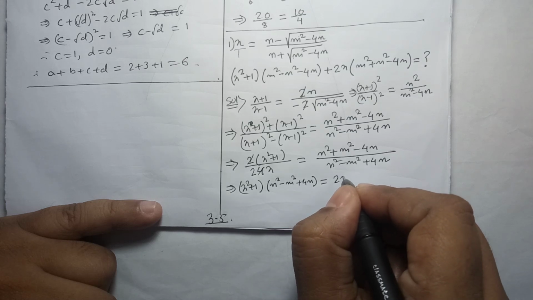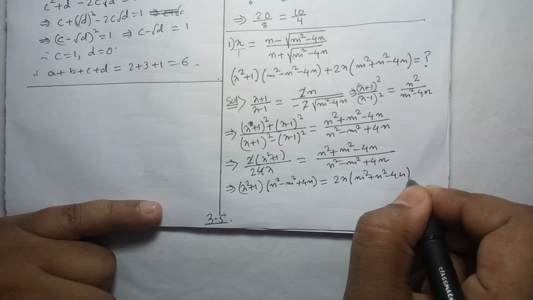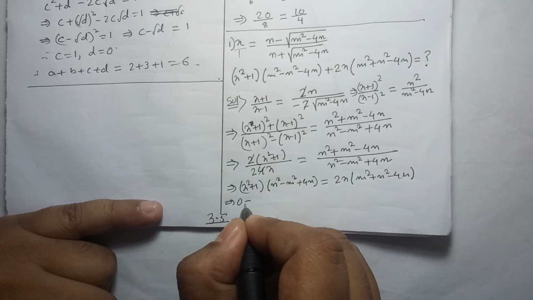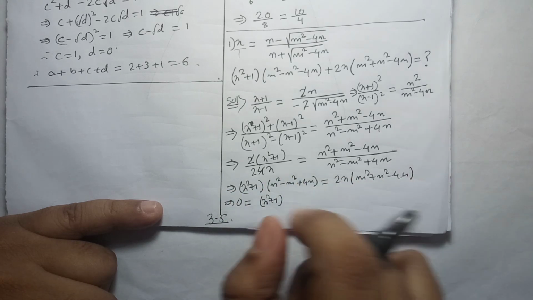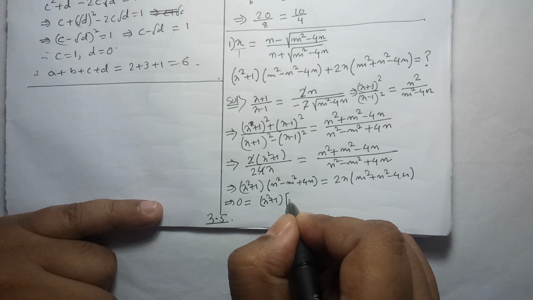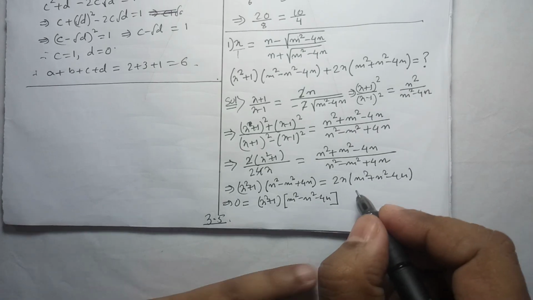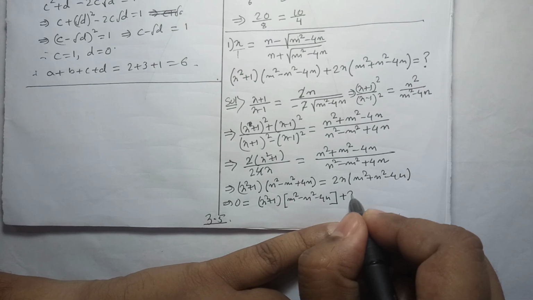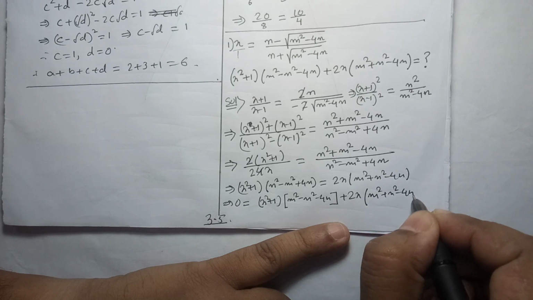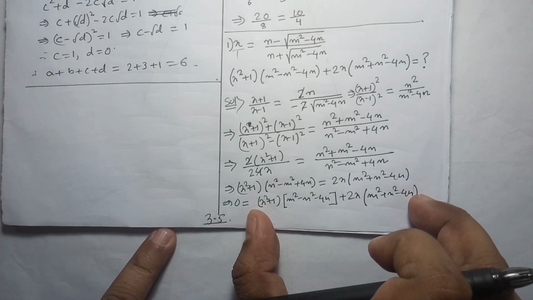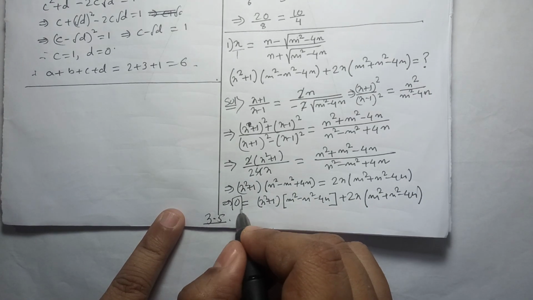Is equal to 2x into m square plus n square minus 4n. This implies 0 is equal to x square plus 1, I took the right hand side, it will become minus, so it will become m square minus n square minus 4n, plus 2x into m square plus n square minus 4n. I have been asked to find the value of this expression in the given question, which is equal to 0. This is what I have found.